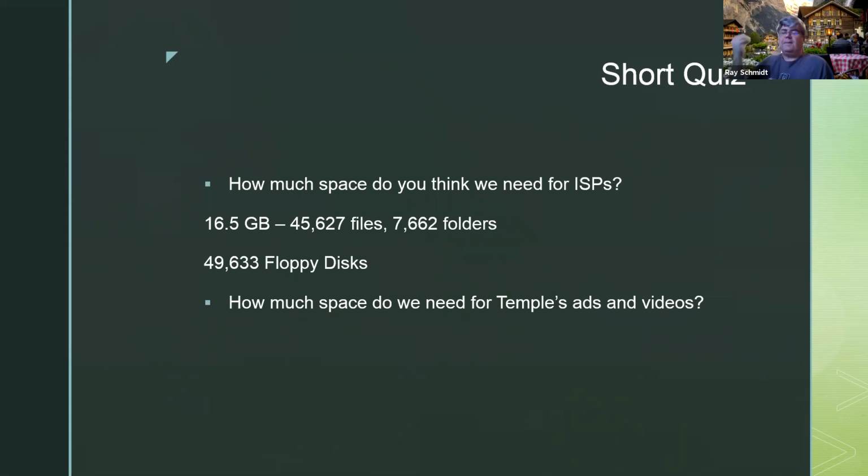So the flip side of that is Temple's directory for public relations. How big do you think her directory is on our F drive? Only twice as much. 2 gigabytes. Way bigger. A terabyte.